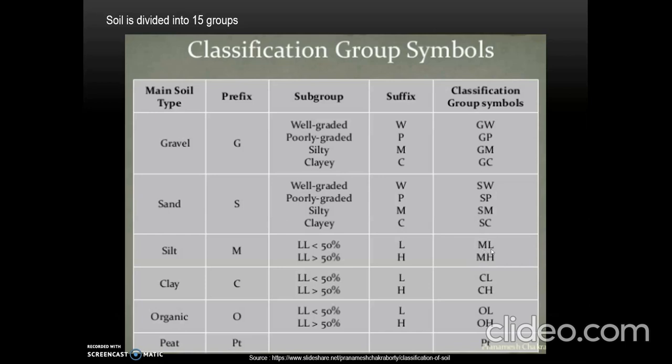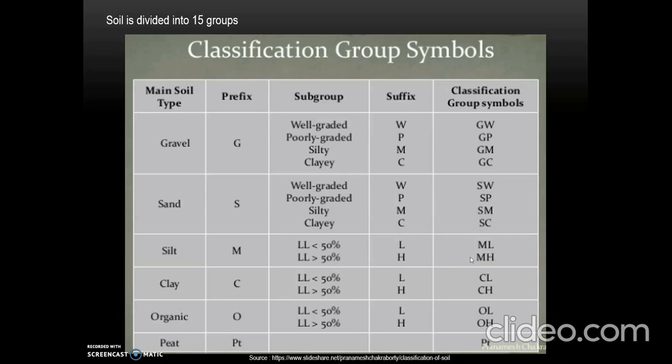If it is ML, that means liquid limit is less than 50% and it is silt, because M stands for silt, and this ML represents the soil with low plasticity or low compressibility. MH means liquid limit is greater than 50% and it is silt.